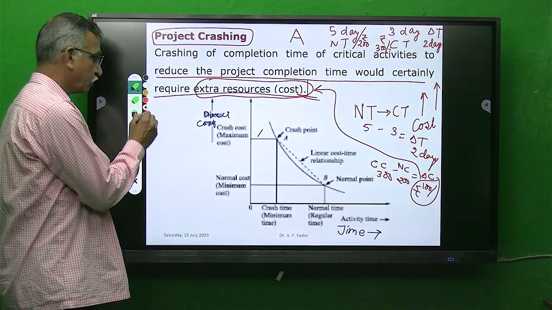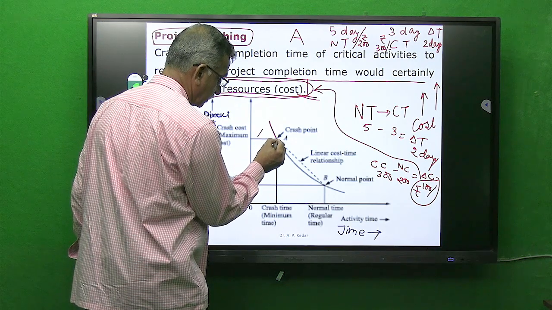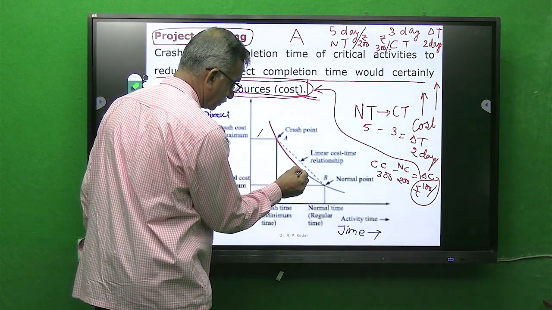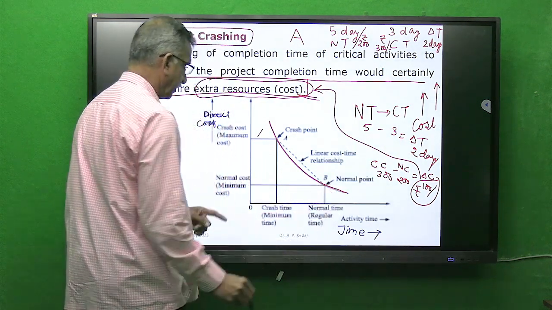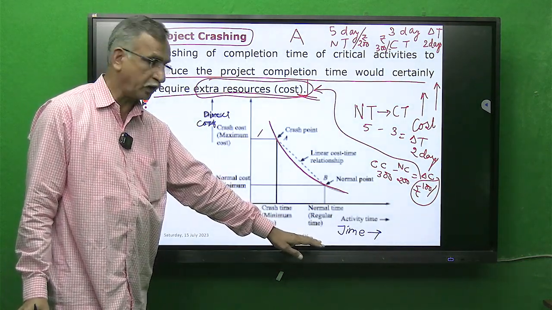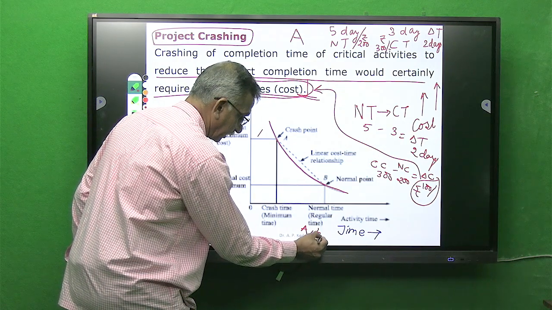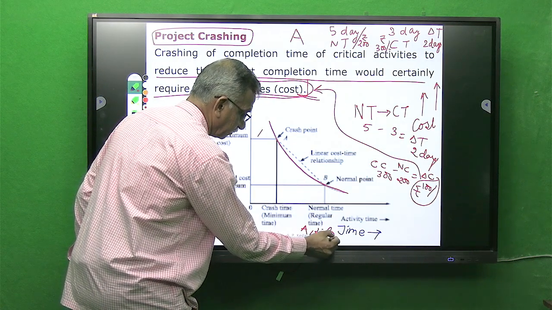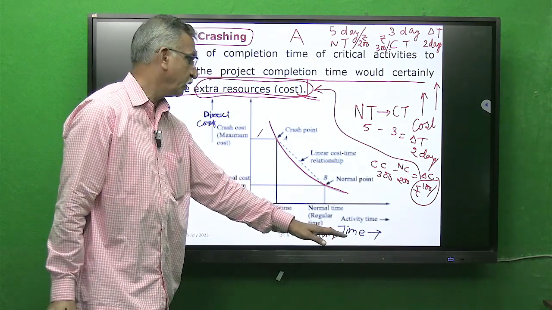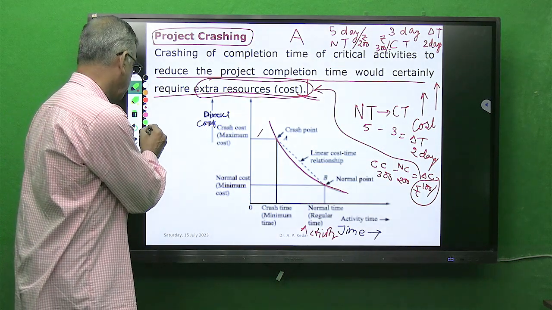Now focus your attention on this curve, with direct cost on the y-axis and activity time on the x-axis. Now it's very simple.